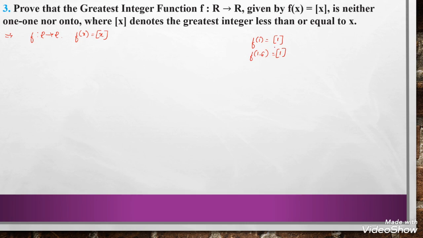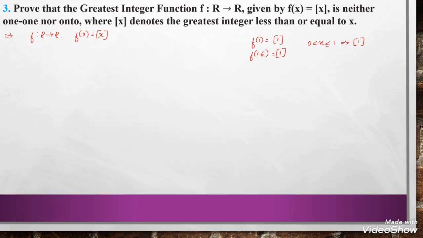Whatever x value we take between 0 and 1, the value holds to 1. By this definition, we have to check the greatest integer function for one-one as well as onto condition. Then we have to prove that the function is neither one-one nor onto.